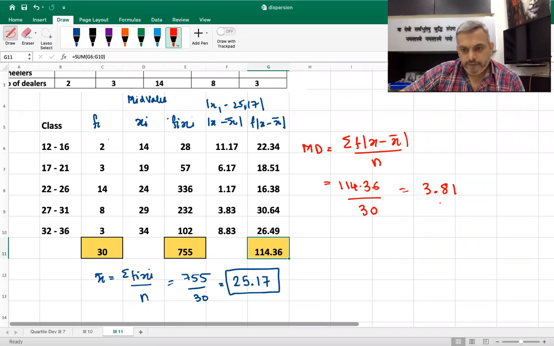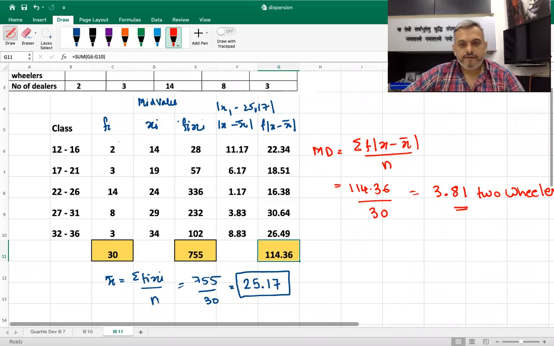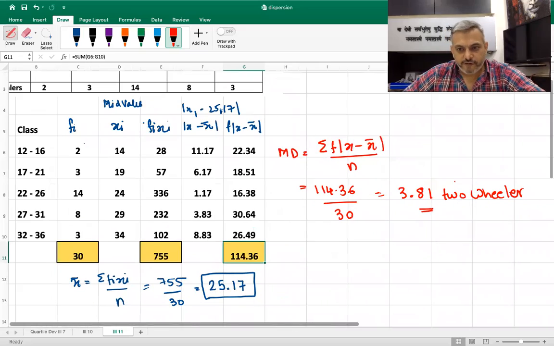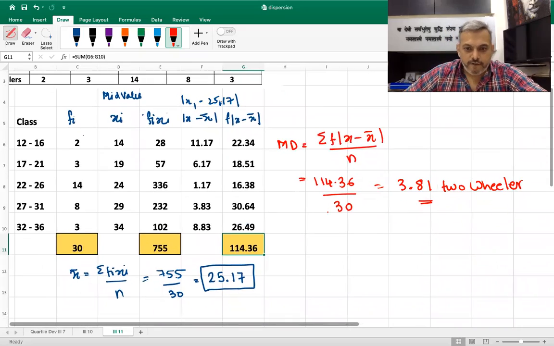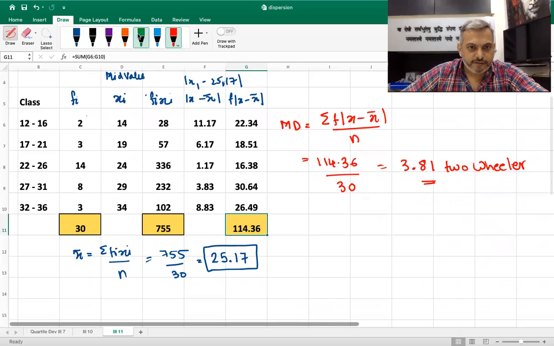Now, this is the mean deviation, basically 3.812 wheelers. It's an absolute measure, so we use units. Now we go for the relative measure.